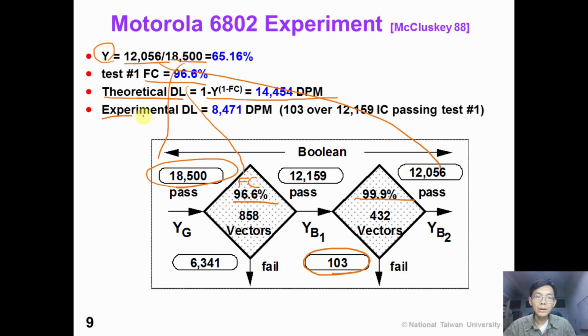However, according to our experiment, the defect level is 8,471 dPm. That means 103 IC over the total of 12,159 IC passing test number 1. These two numbers are pretty close enough, but they are not perfect. We will discuss the reason later.